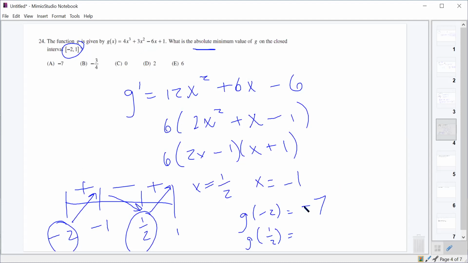If I plug in 1/2, this is 1/8, so 4 times 1/8 is 1/2, plus 3/4 minus 3 plus 1. This is definitely greater than -7. So it looks like our absolute min should be -7. Good or no?